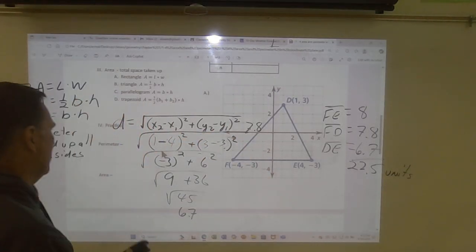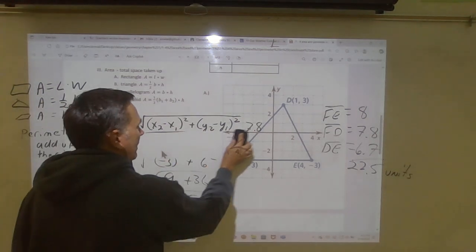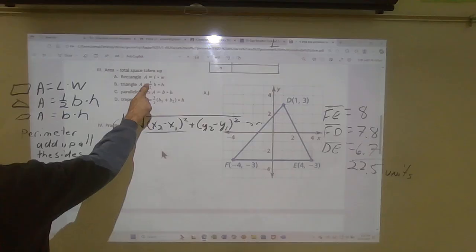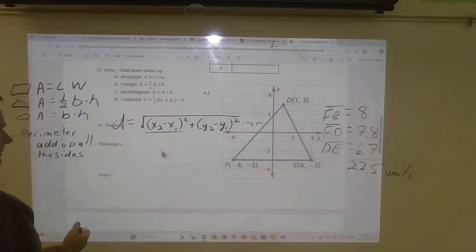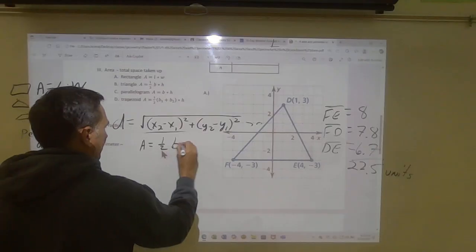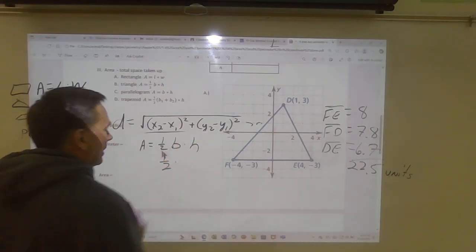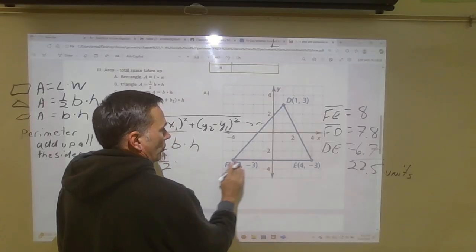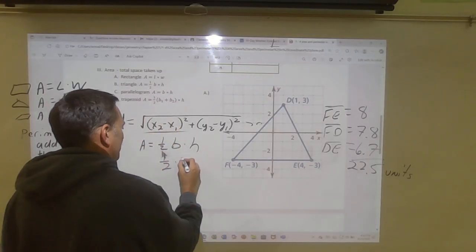Now to find the area. The area of a triangle, as we look back, is 1/2 base times height. Now the base is right here. We already counted this, and we found that to be 8.